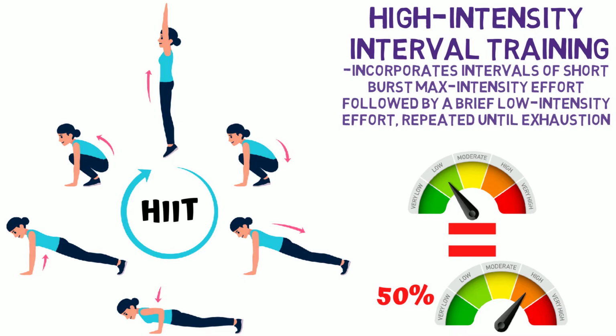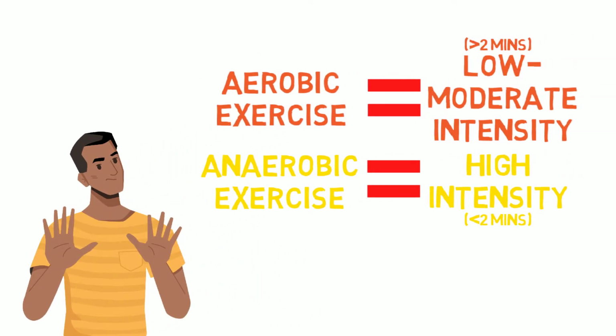A typical routine of HIIT involves a 2-to-1 ratio of work to recovery periods. So, for instance, 20 seconds of hard sprinting alternated with 10 seconds of light jogging repeated until failure. Now, you might come back and say, but wait, since a HIIT session usually well exceeds a 2-minute workout duration, shouldn't this mean that HIIT falls under an aerobic type of exercise, given what you said earlier?